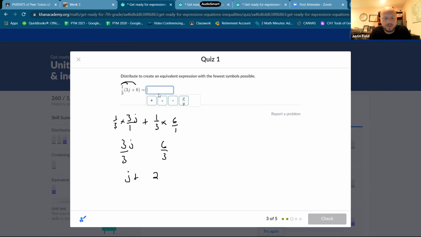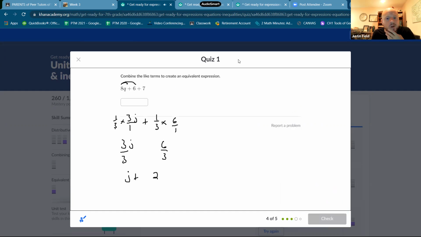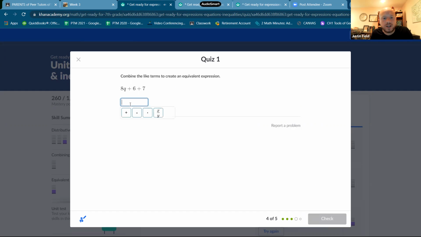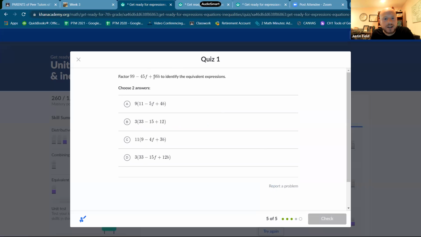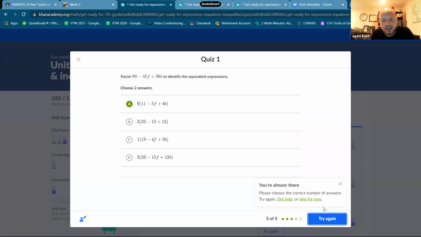Taking one step at a time, and I think you'll agree fractions are not so bad. Okay, you can combine those like terms. I'm not doing that one for you. Factor. All right, so figure out what you can divide all three of them by, and then write that number out front and write your answers on the inside. You can do that one.